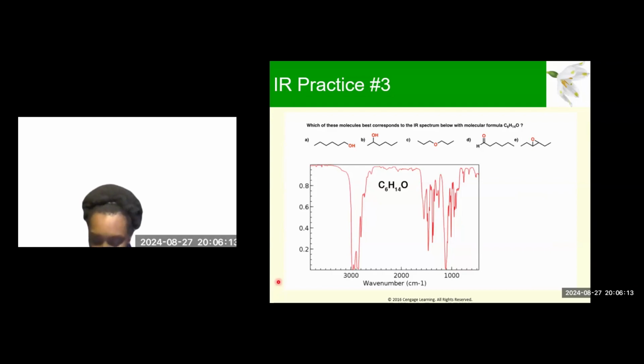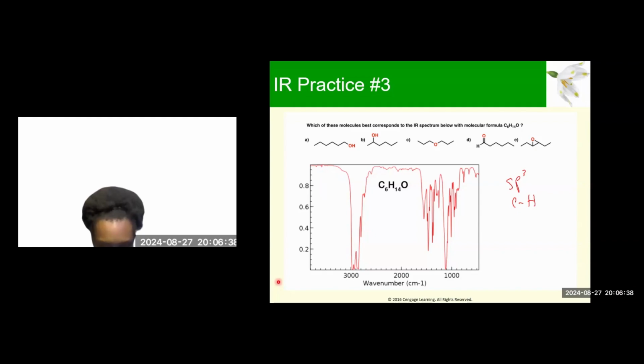Number 3. I'll let you take a stab at it. All right, so let's look here. Again, I noticed that there's only sp3 CH stretching. I notice there are no broad peaks in the OH range.